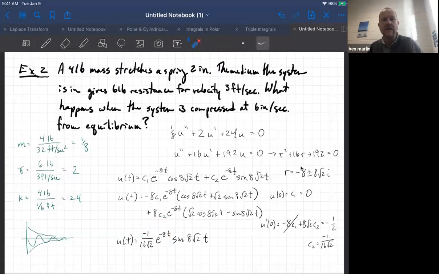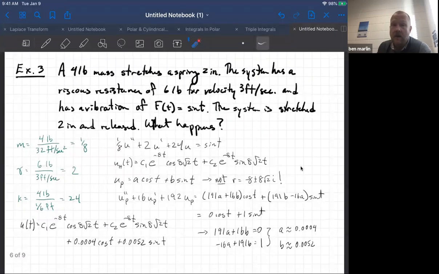The sine is going to make something oscillate, but this e to the minus 8t, because it goes to 0, is going to damp the motion that we're looking at, and it will go towards 0 as t goes to infinity. Right?